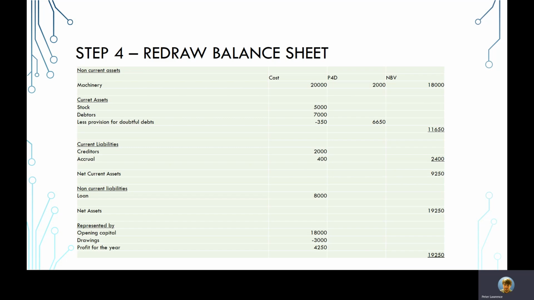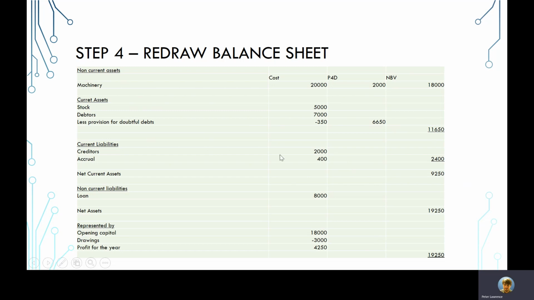Once we've done all that, we simply redraw the balance sheet, entering in all those accounts that didn't affect profit and would go on the balance sheet. So our provision for depreciation now appears in the non-current assets section, taking us down to £18,000 net book value for machinery. The provision for doubtful debts, the full amount of the provision reduces the debtors in the balance sheet to give us our net debtor.